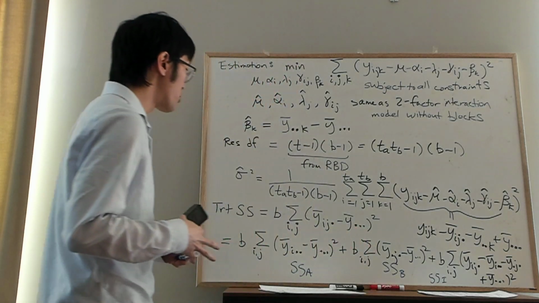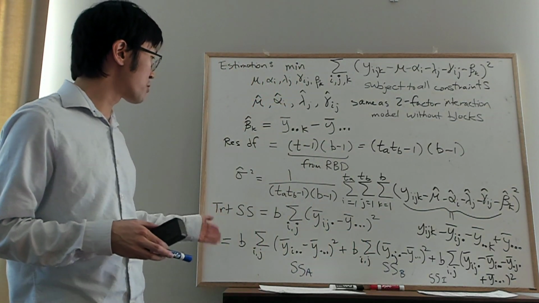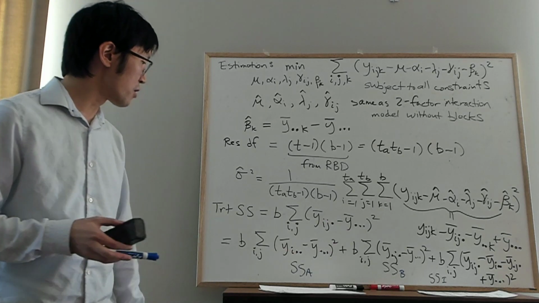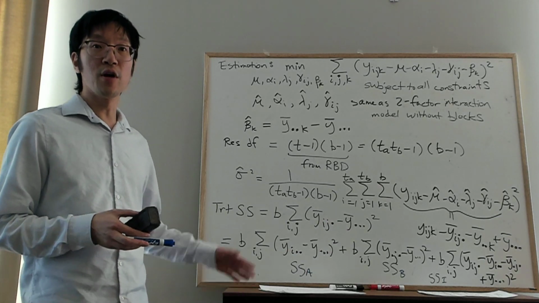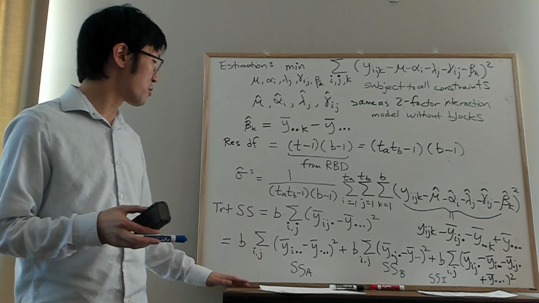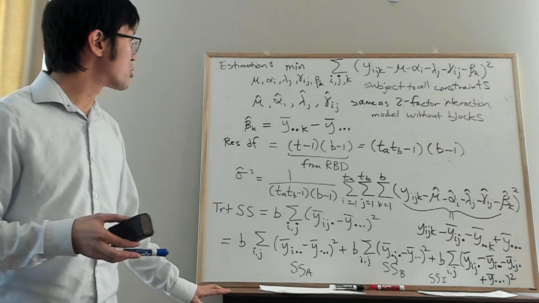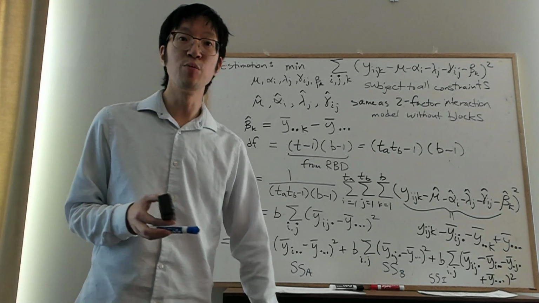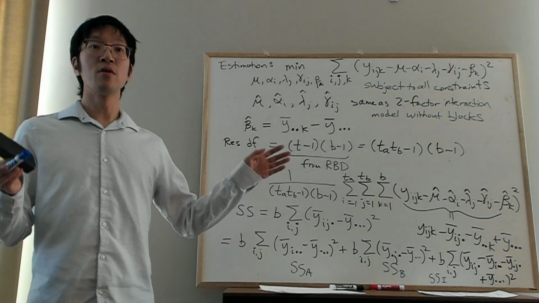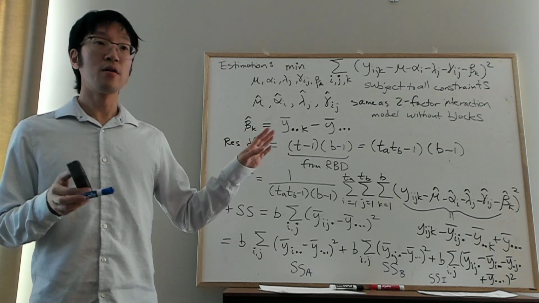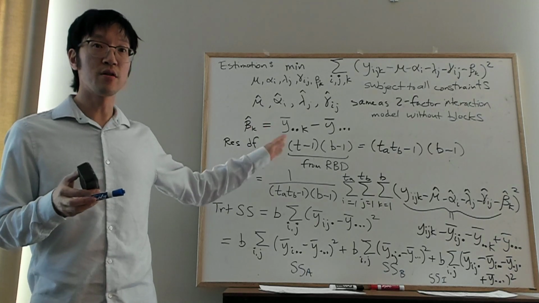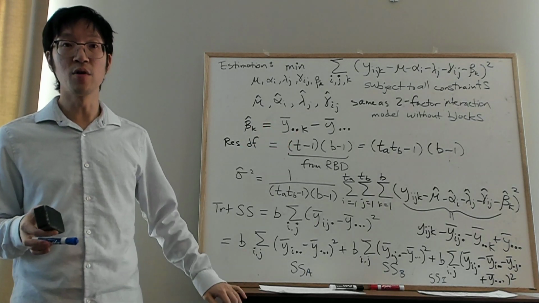Now the other two pieces. We have the treatment sum of squares, which we now write as these three, and then the other part is the block sum of squares and the residual sum of squares. The block sum of squares is actually quite simple. Again, just remember that this is just another way of rewriting the RBD model.